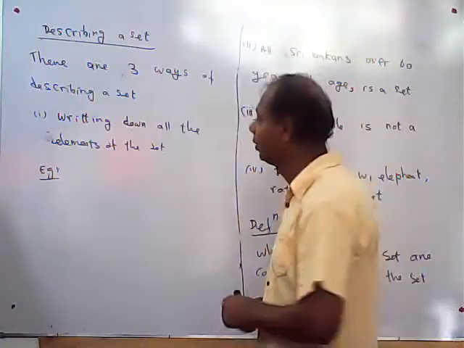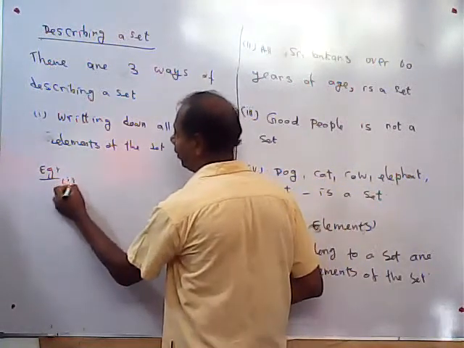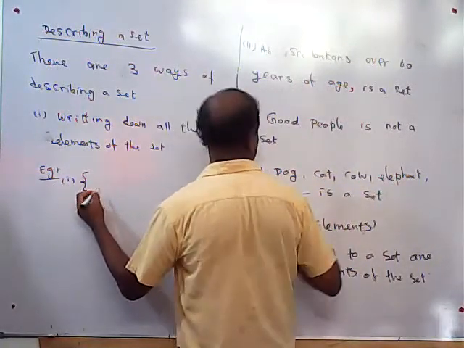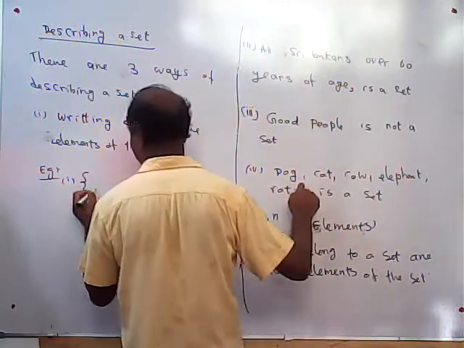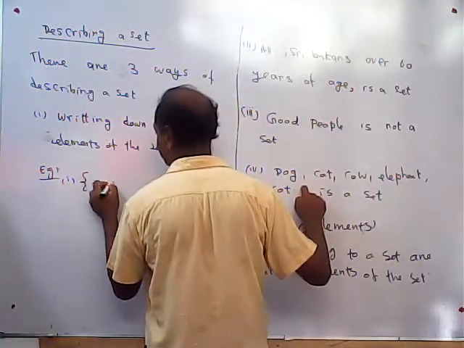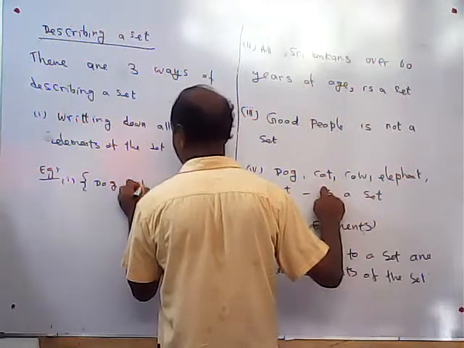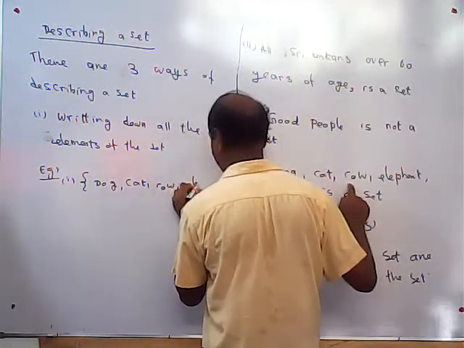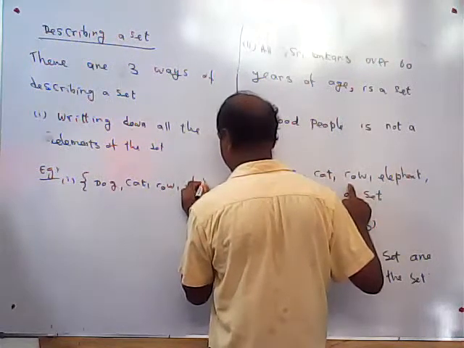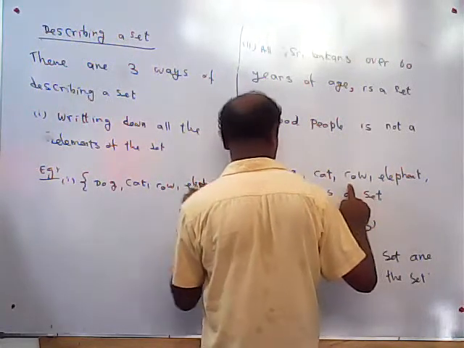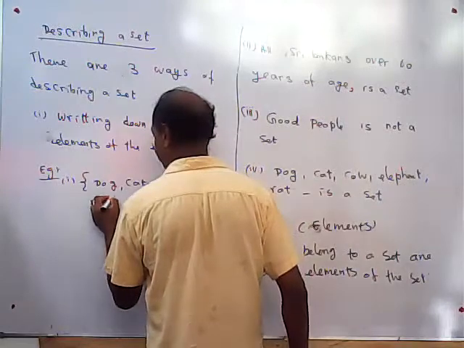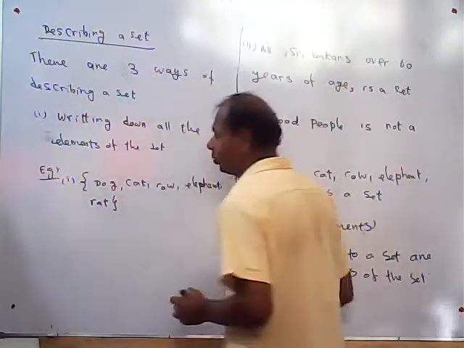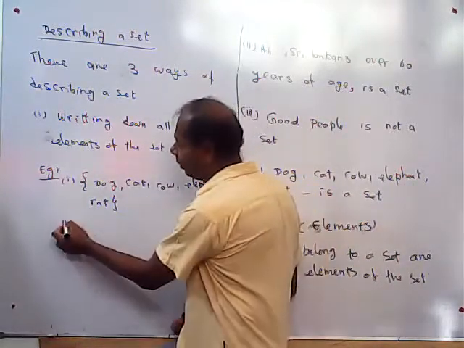In curly brackets. Example one. This one I can write again. Say dog, cat, cow, elephant, rat. So this is one example.